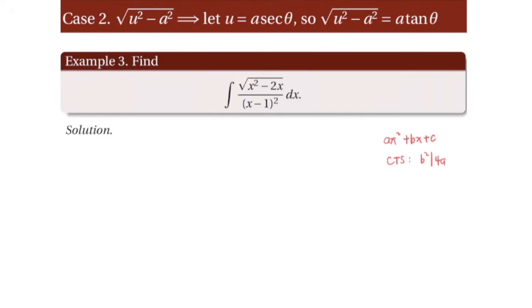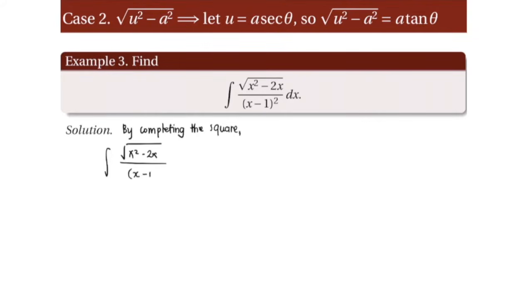So, to proceed here, by completing the square, take note here na yung integral of the square root of x squared minus 2x all over the quantity x minus 1 squared with respect to x is now equal to the integral ng square root ng x squared minus 2x.